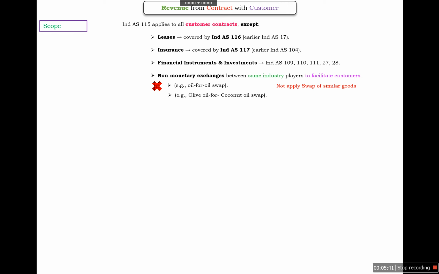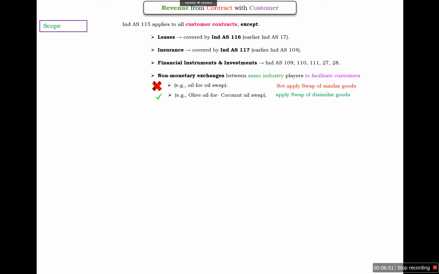But if there is a swap of olive oil with coconut oil, in this case, Ind AS 115 will be applicable because it is not within the same industry of similar goods and it is not to facilitate the customers.